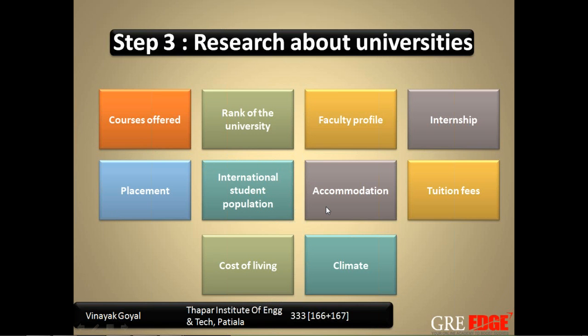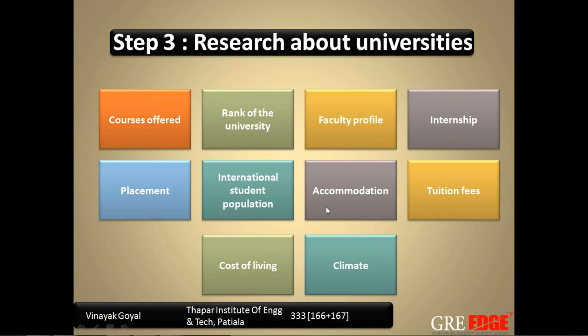After accommodation comes tuition fees. You should check the tuition fees of the particular university, and if it's too high to afford, or if you think your particular area of study is too costly, you can check the tuition fees on different websites, for MIT and for different universities, and see whether it would fit you or not, because the cost for an MS in the US would come to be anything between $30,000 and $70,000.